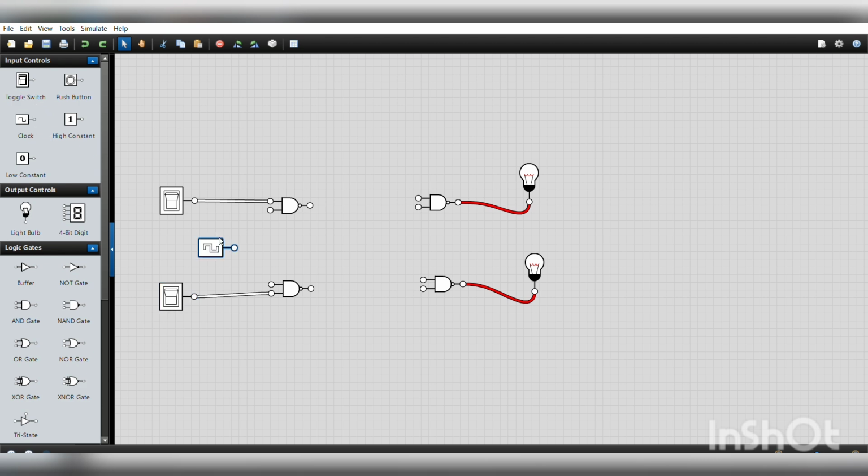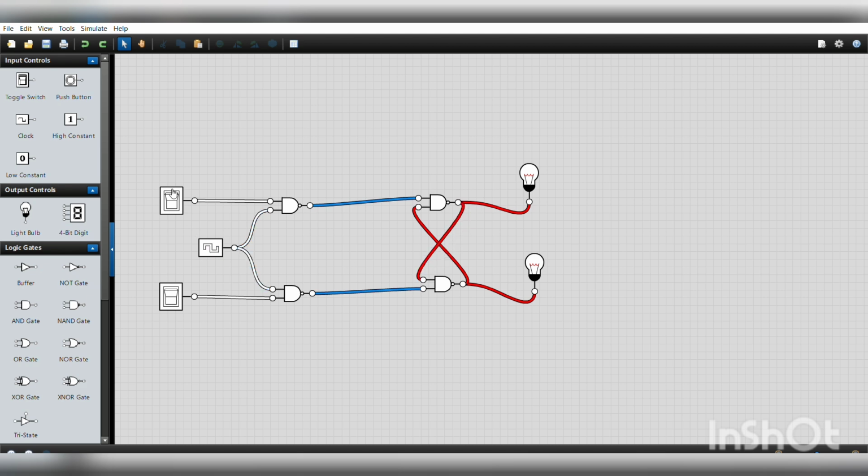Here it is. I am bringing a clock which connects this and this NAND gate. So this thing should be connected to this, and this thing should be connected to this. For this we have to connect the output of this NAND gate, and for this we have to connect the output of this NAND gate.